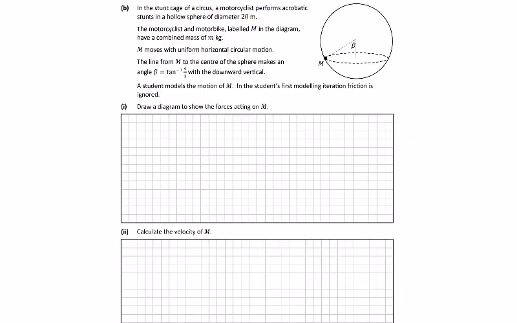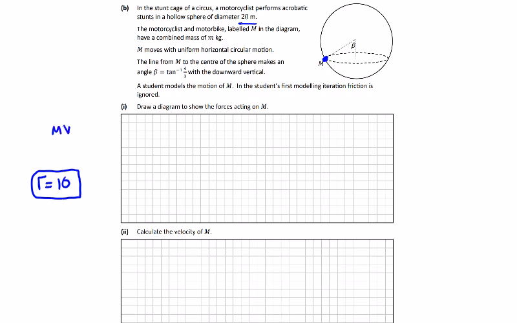In part B, we have a stunt cage of a circus, but it's really a sphere. The diameter is 20, so we'll need the radius at some point. The radius is 10 for the big sphere. We have a motorcyclist at M, moving with uniform horizontal circular motion.